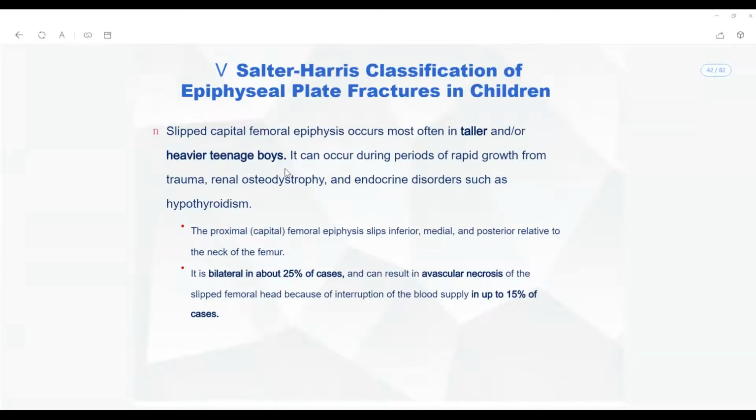It can occur during periods of rapid growth, from a trauma such as falling.